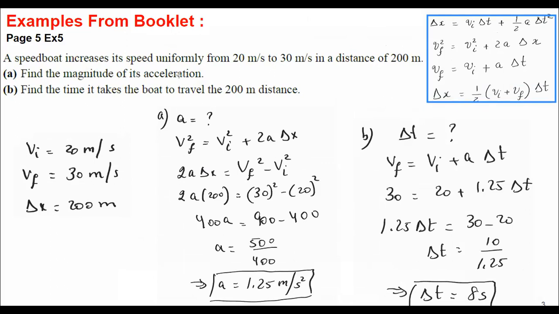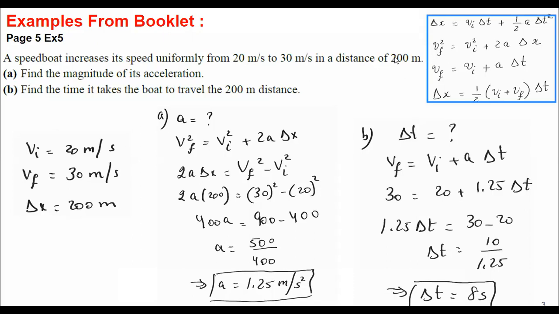Page 5, exercise 5: a speedboat increases its speed uniformly from 20 meters per second to 30 meters per second. What are these values, 20 meters per second and 30 meters per second? This is V initial and V final, okay?